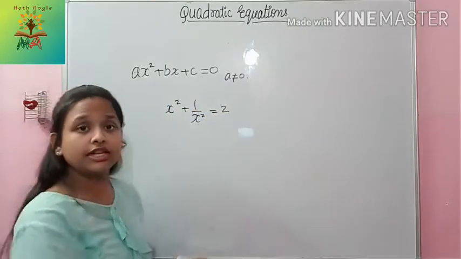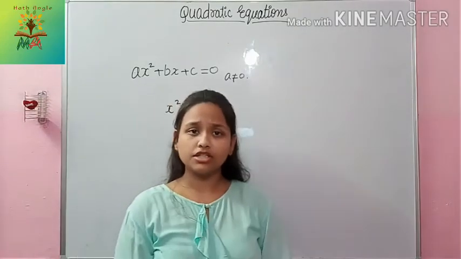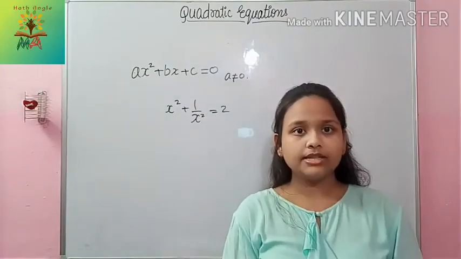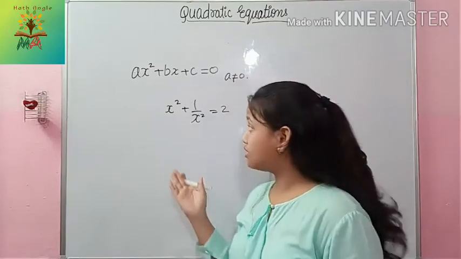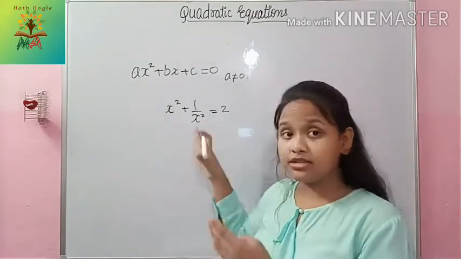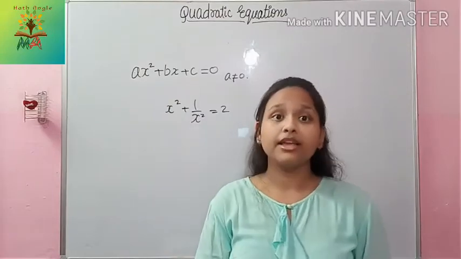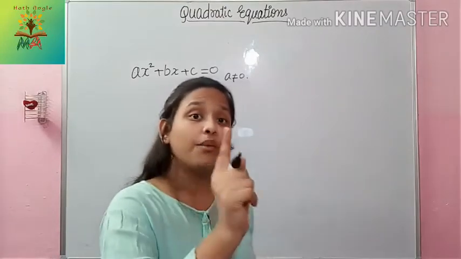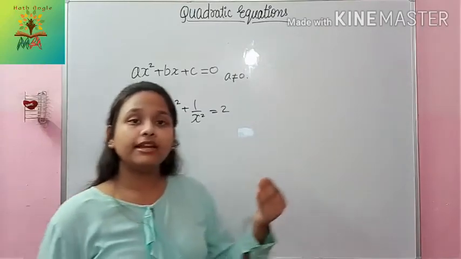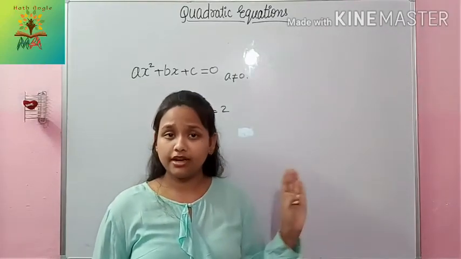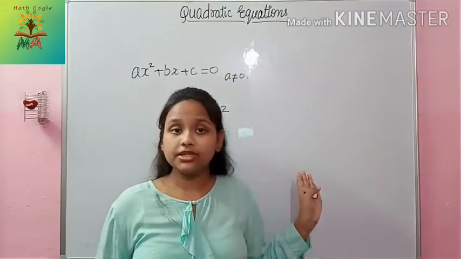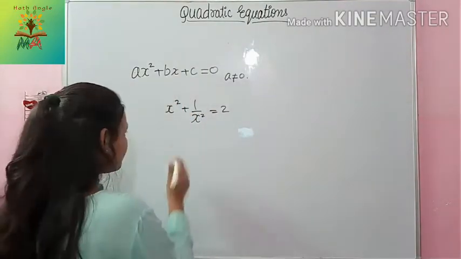So if I ask you to tell me whether this equation is a quadratic one or not, by looking at it once you will say yes, this is a quadratic equation because we can see x square. But you have to remember that before solving any equation or reaching any conclusion, you have to convert the given equation into the standard form.